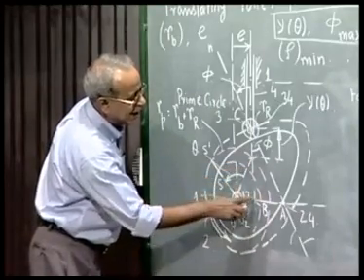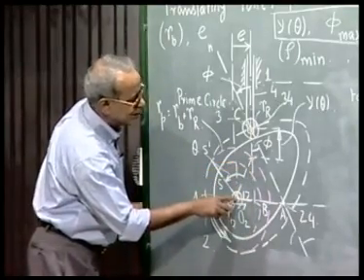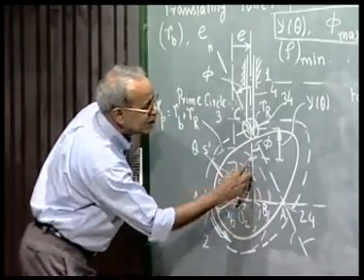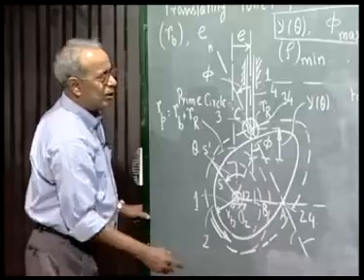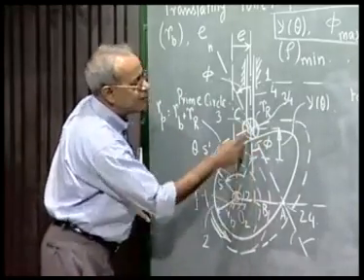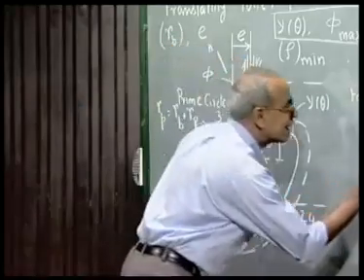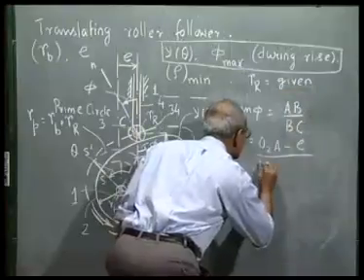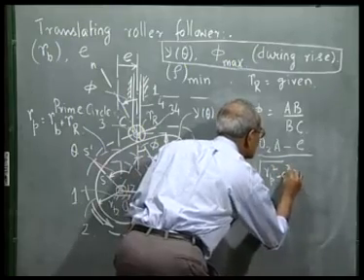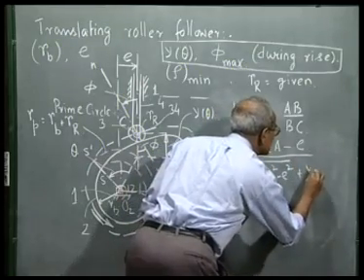I see a right angle triangle here. Hypotenuse is rp, that is the prime circle radius. This distance is e, so this vertical side is the square root of rp squared minus e squared, plus y. That gives me BC. So BC I can write as the square root of rp squared minus e squared plus y theta.